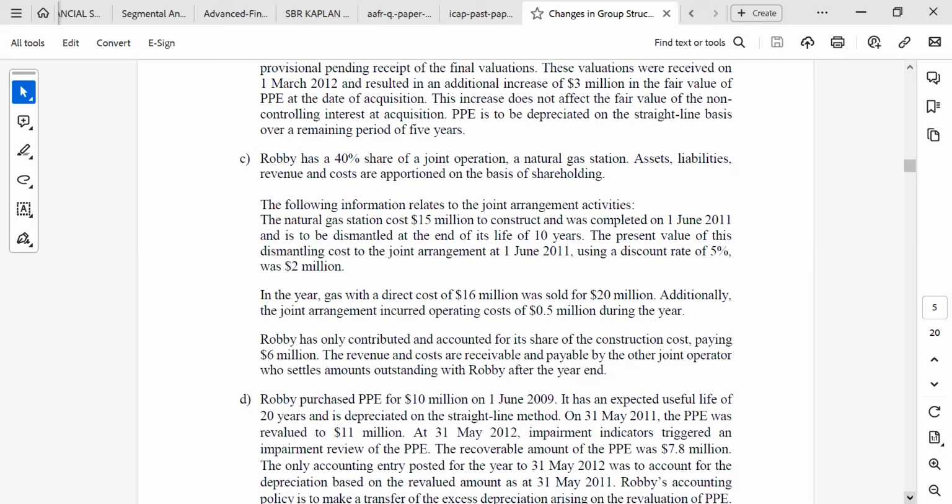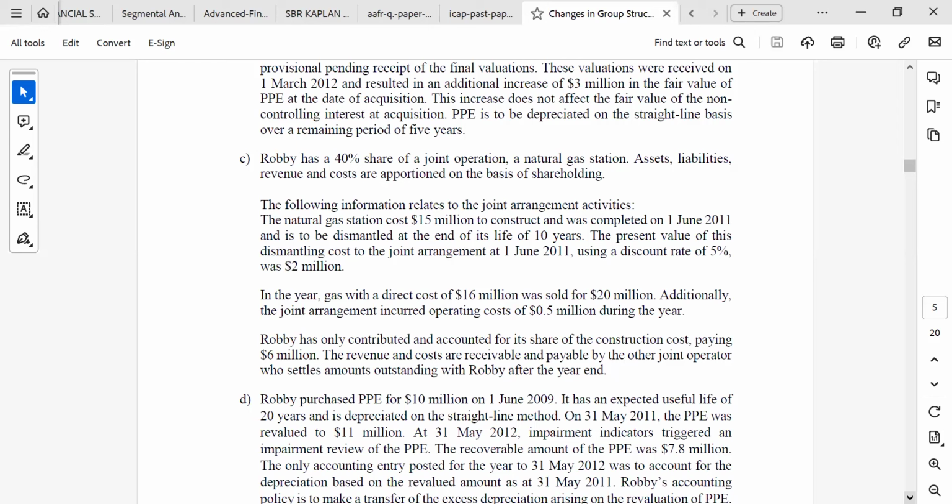The present value of this dismantling cost to the joint arrangement at 1st June 2011, using a discount rate of 5%, was 2 million. In the year, gas with a direct cost of 60 million was sold for 20 million. Additionally, the joint arrangement incurred operating cost of 0.5 million during the year.